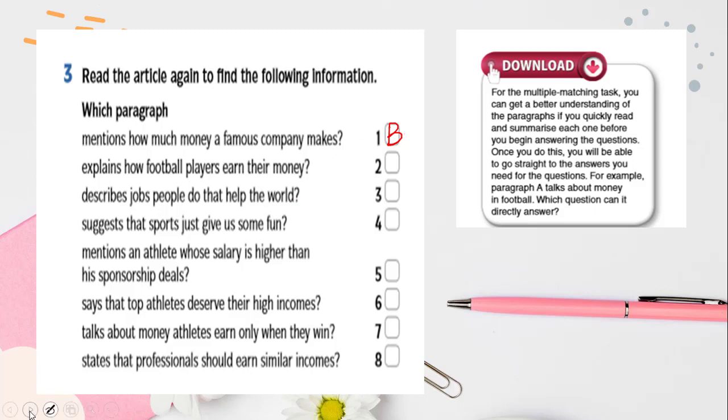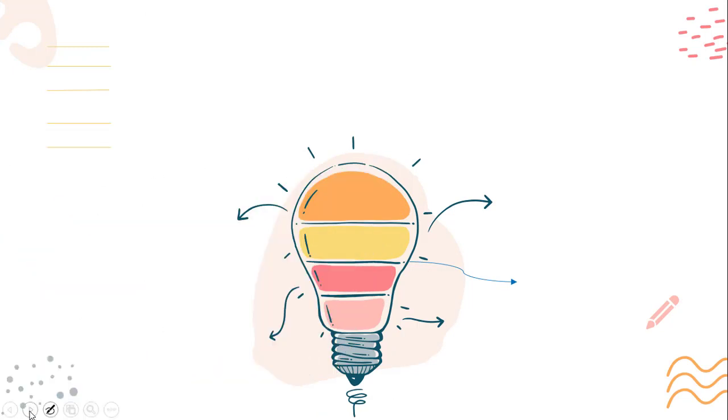Alright, next task. Okay, now we have 5 different words that you have to complete and match with the meaning. Alright, what is appearance fee? Okay, appearance fee means money paid to a famous person such as movie stars or sports stars for taking part in a public event.